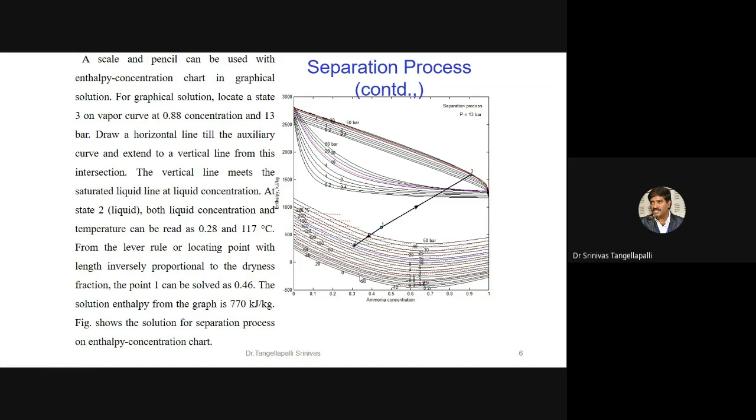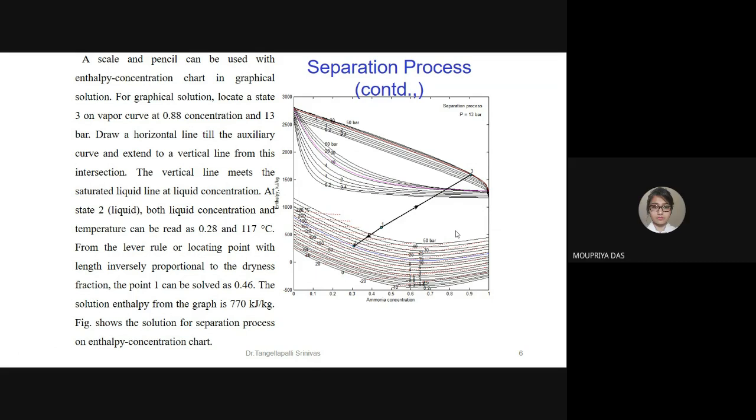Maybe you may use a calculator. If you get, for example, 100 millimeters, then 30 millimeters on one side and 70 millimeters on the other side. Which side 30 millimeters, which side 70 millimeters, how to divide as per the lever rule?